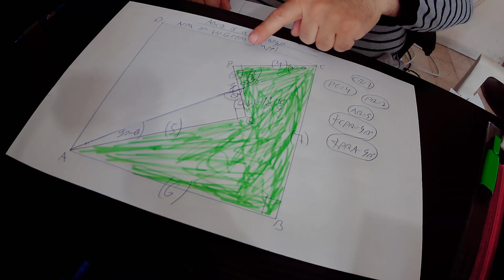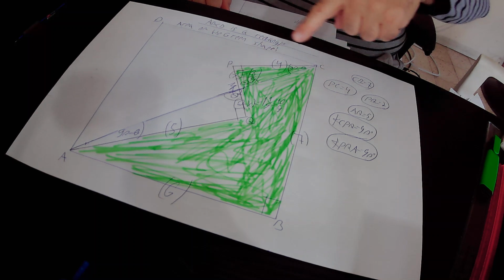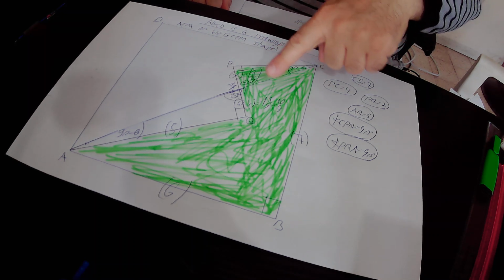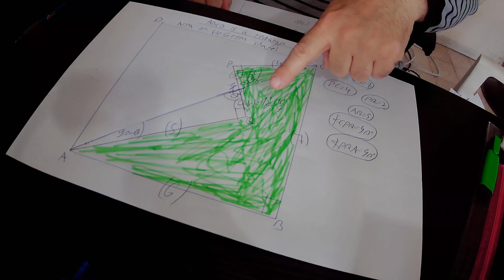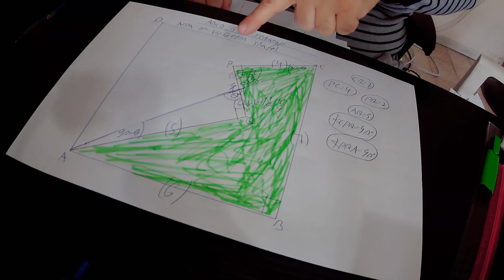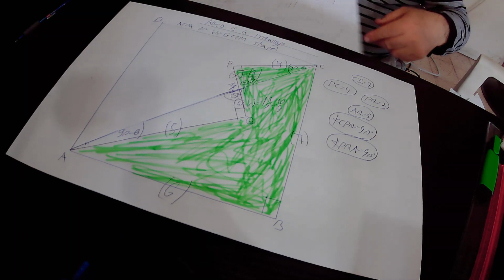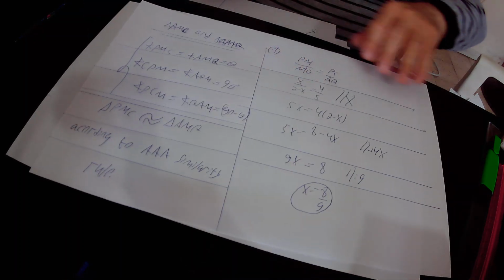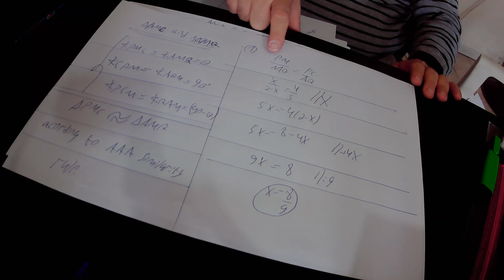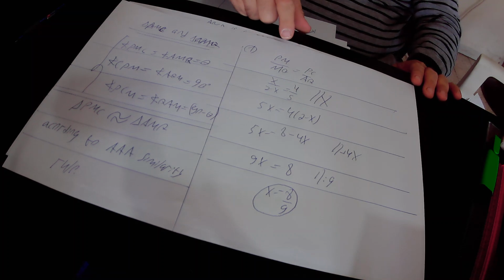We derive that side PM of the right triangle PCM over side MQ of the right triangle AQM equals side PC over side AQ. Again, PM over MQ equals PC over AQ.